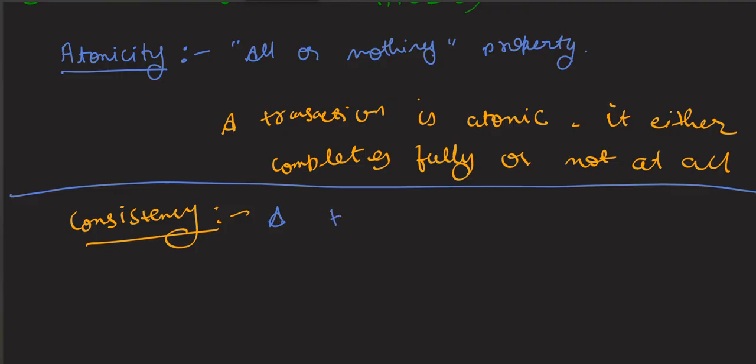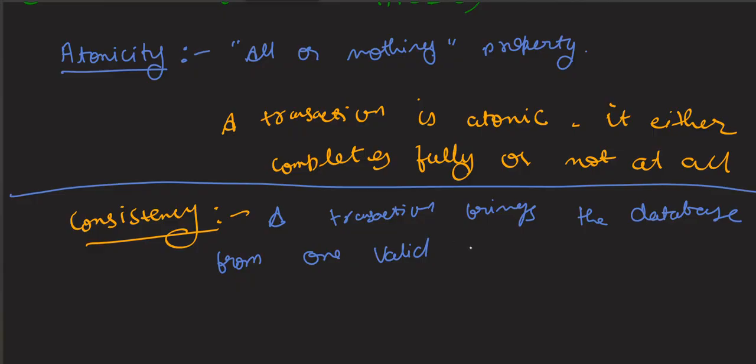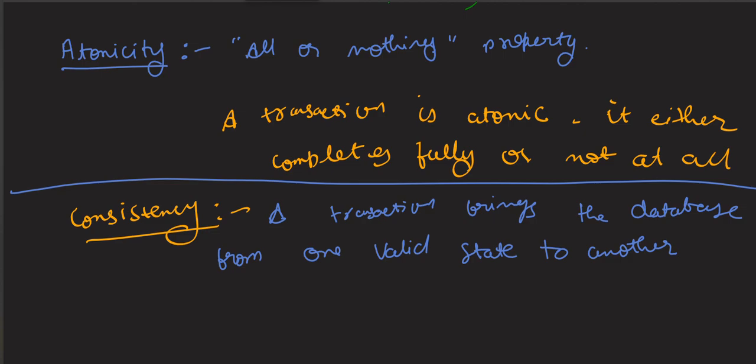A transaction brings the database from one valid state to another is called consistency.